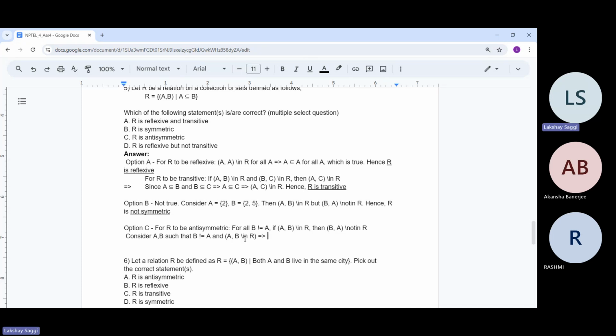So what does this imply? Since (A, B) is in R, A is a subset of B, and also B is not equal to A. Note that if A is a subset of B and B is not equal to A, then it can only be a proper subset. So this means that A is a proper subset of B.